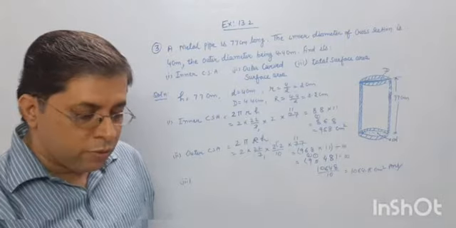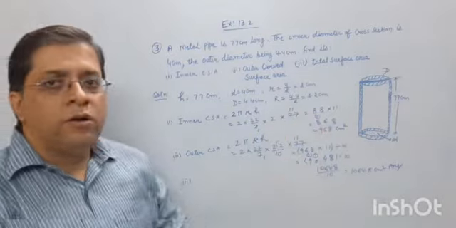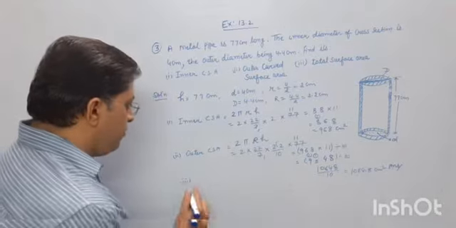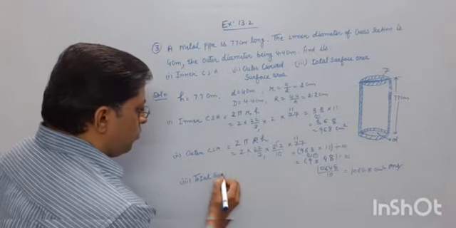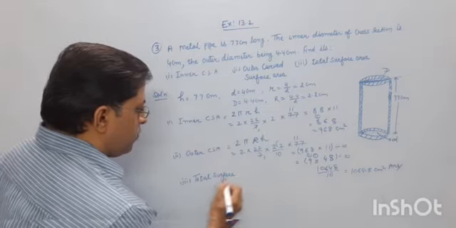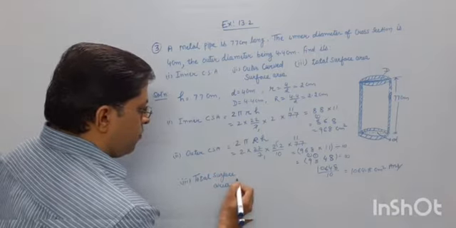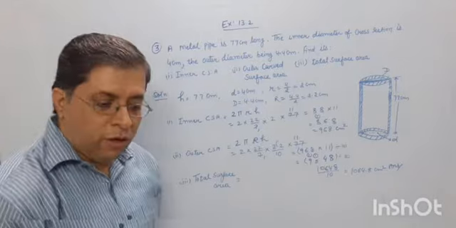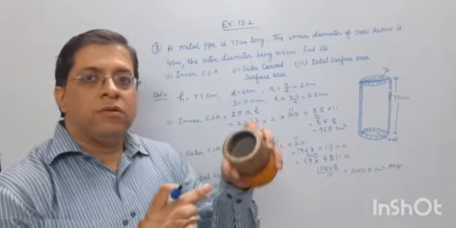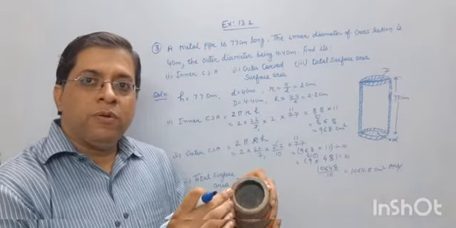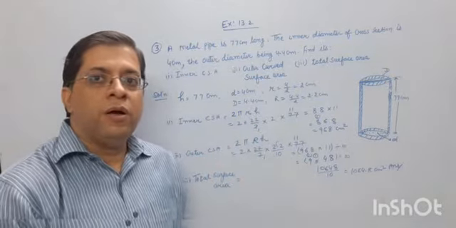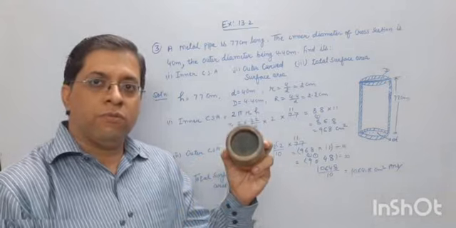Now come on. The third point, total surface area. Okay. Now see, this is one type of ring, no? In a pipe, you will get two rings, up and here down.